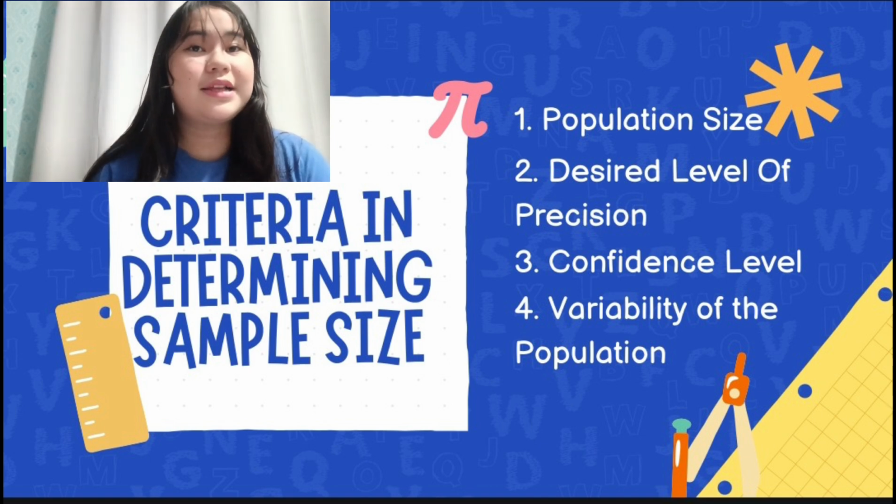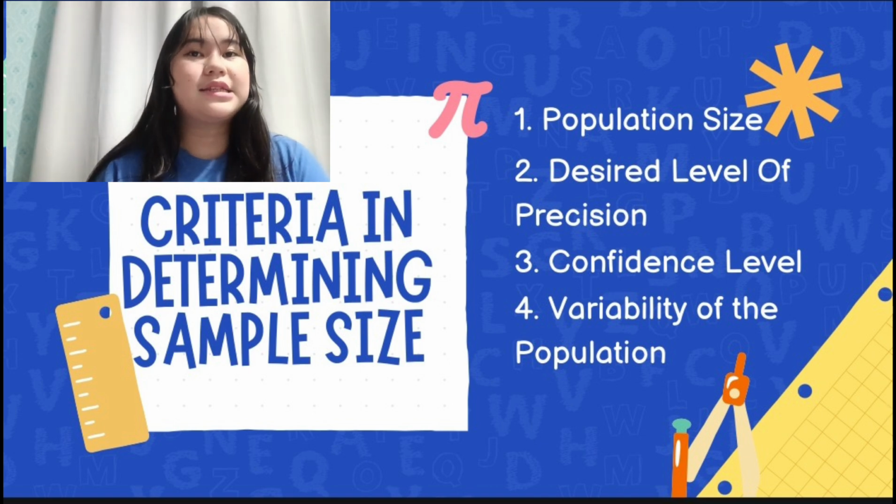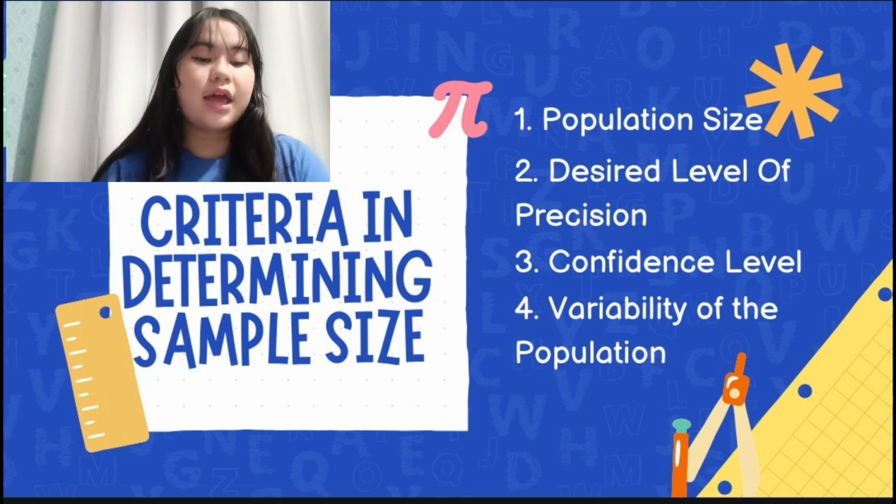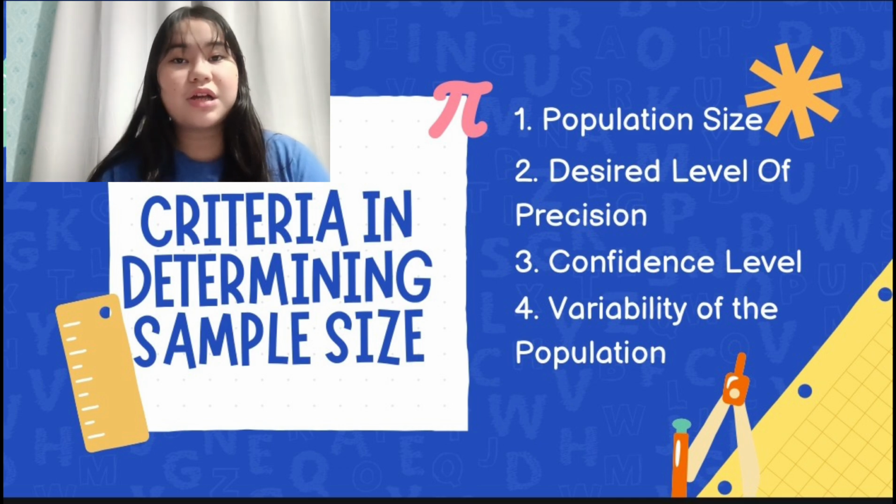A lower confidence level means you are less sure about the accuracy of the result. Fourth, variability of the population. If the population is very variable, you'll need a larger sample to capture that variability. But if the data is very similar within the population, you can use a smaller sample.